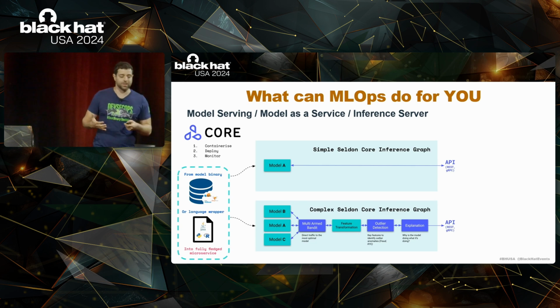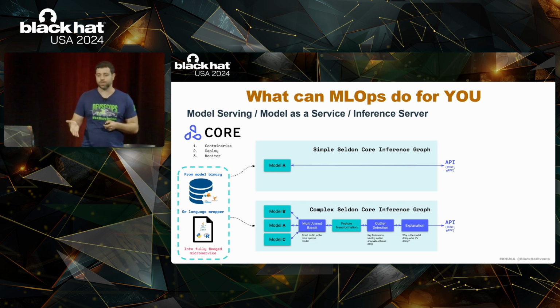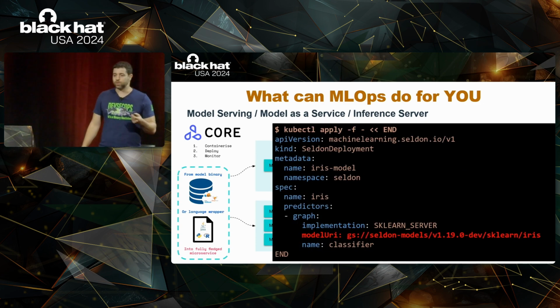The way that it serves it, it wraps it in a Docker container, then it deploys it through Kubernetes, and it wraps it with a standard API layer. So you can serve a lot of different model types, and for your users, it will look exactly the same from the API. So this is also very easy to do. You just write a Kubernetes configuration, and you can see the only thing we need to really specify here is where the pre-trained model is, and then it will wrap everything for us and provide APIs, and we're good to go.